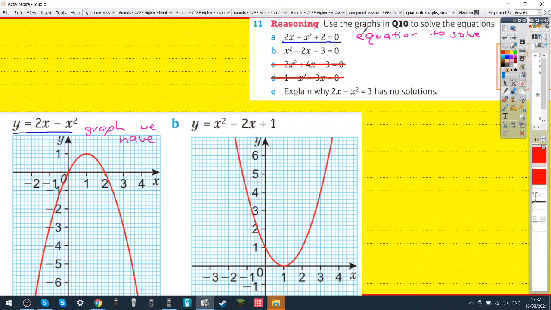So how do you change this equation into this one? Take away 2, so minus 2. Yep. And so this one, we have to solve 2x minus x squared equals minus 2. And so use the graph to solve that.